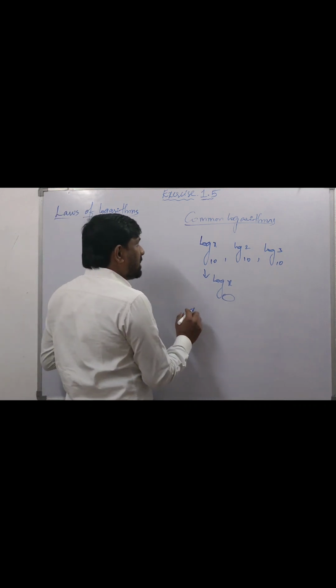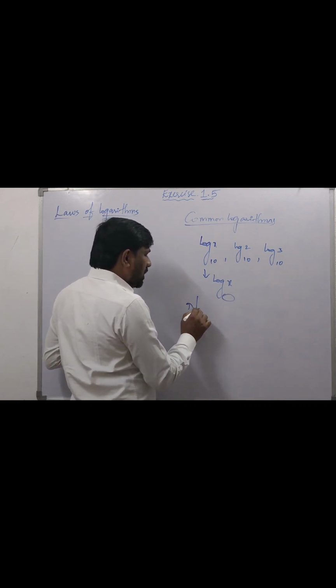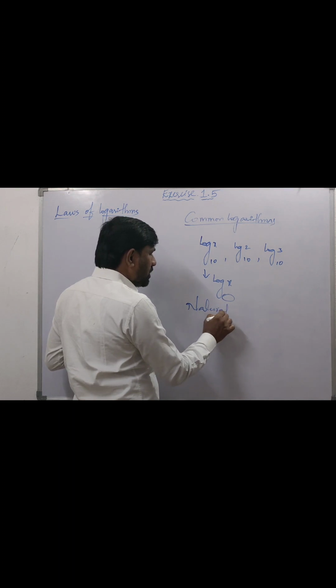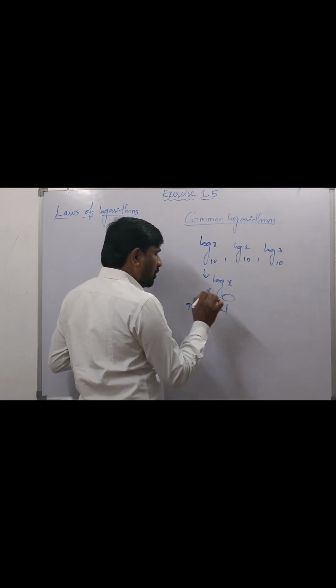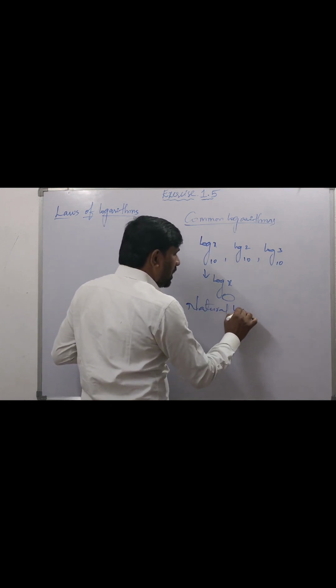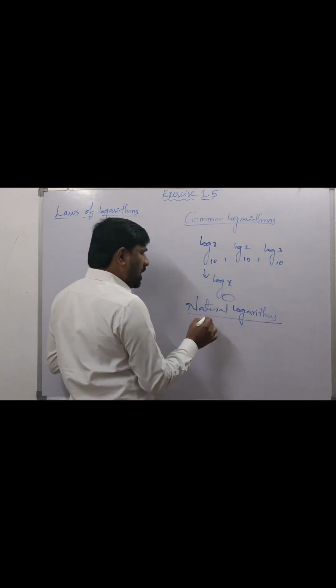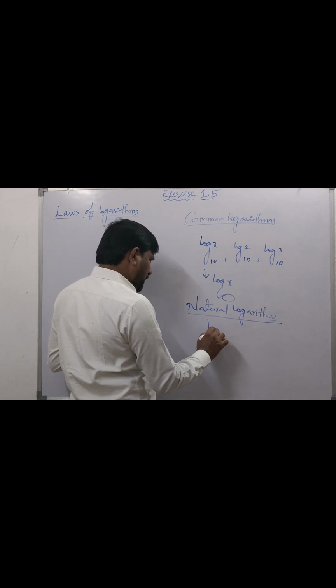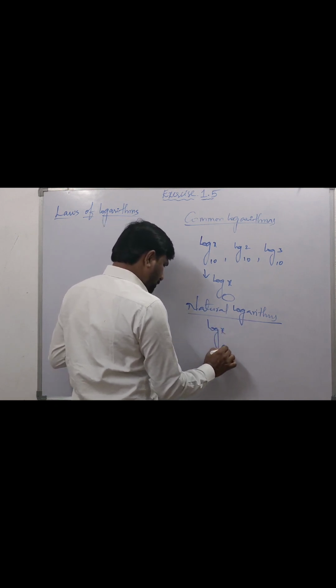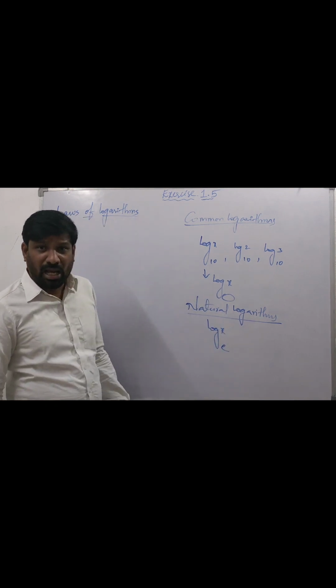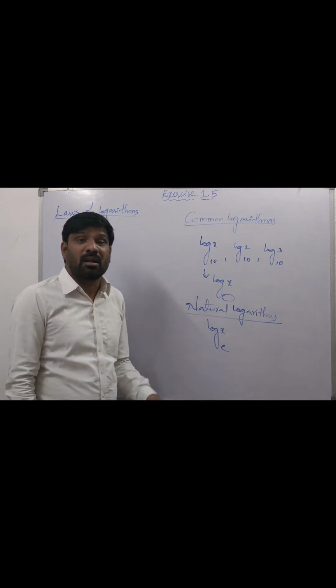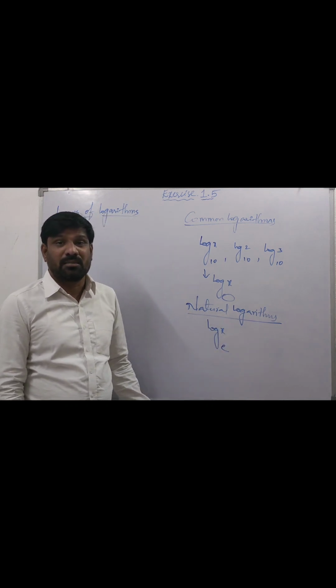And one more logarithm is there. That is natural logarithms. We will not use it in this chapter, but try to know the definition. Natural logarithm is logarithm with base e. Logarithms with a base e are called natural logarithms.